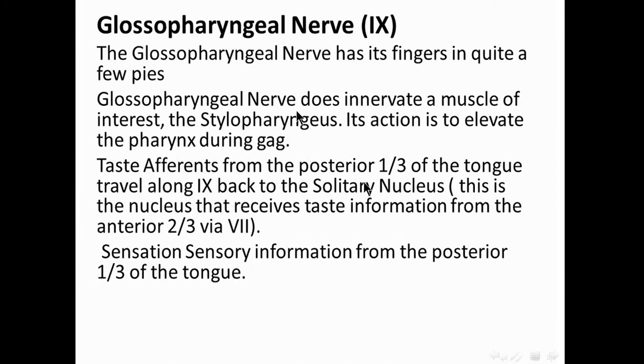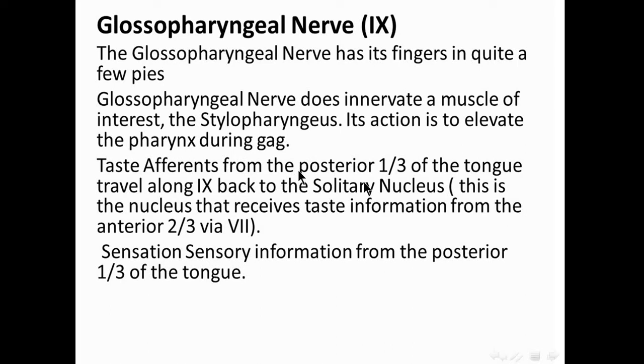The glossopharyngeal nerve, cranial nerve number 9, has few functions. It innervates one muscle, the stylopharyngeus muscle, whose action is to elevate the pharynx during the gag reflex.